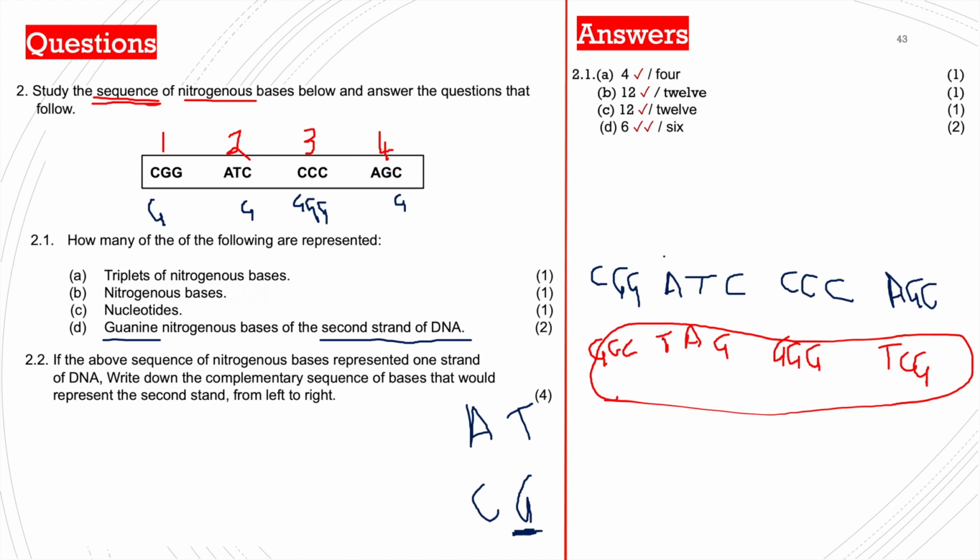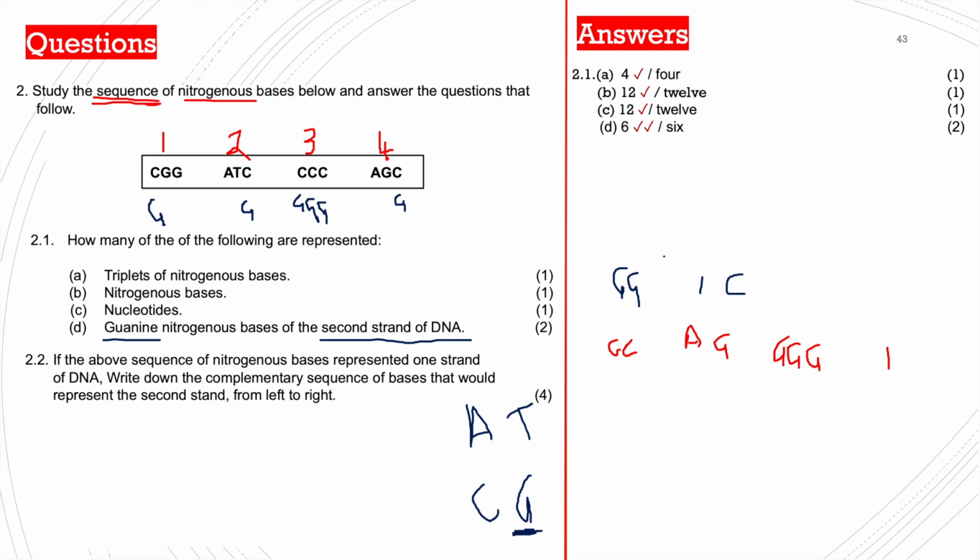Let's check if that's the correct answer. So the first triplet reads CGG. So the complementary triplet would be GCC.